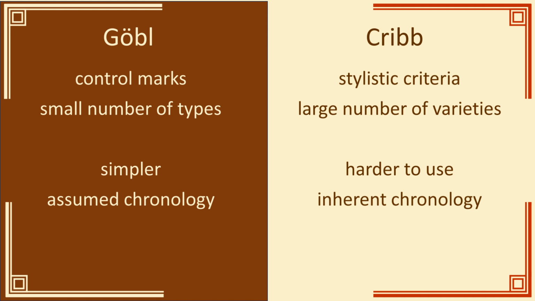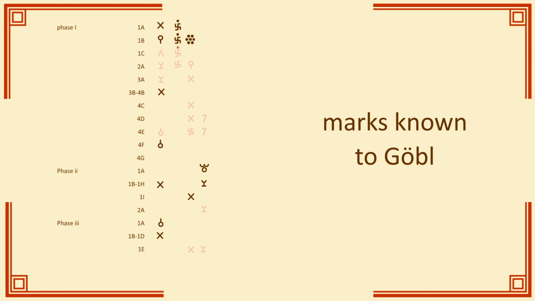There is also just a limit on the choices you can make when doing this sort of analysis. I've noted already that Cribb had more coins. As we can see, only about half the marks known today, and this is probably still not a complete set. In fact, I know, as I'm recording this, of a new mark that showed up just a few days ago. So only about half of those marks were known to Gobl.